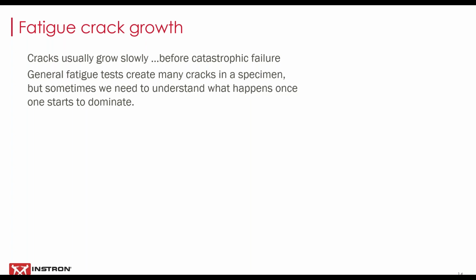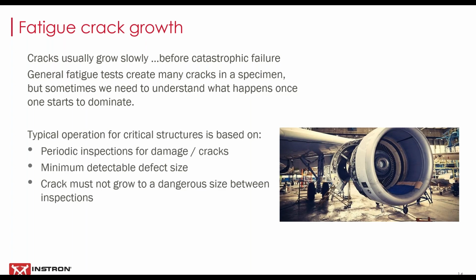And eventually failure happens when one of them grows or several of them join together. But sometimes we need to understand a bit better than that. We need to understand what happens when you've got one major crack and how you can use that in a structure. So why do we care about this?